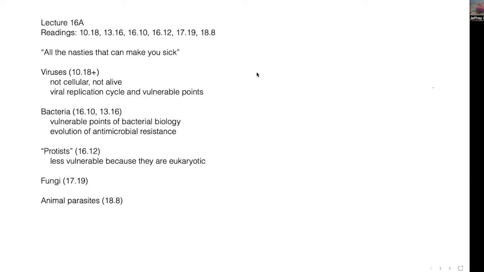Viruses is a topic that's covered in several different points in the textbook. I've just selected a few, and I realize that they're all over the place as far as what chapters they're in. But since this is a survey, we're not really delving deeply into any of these taxonomic groups.